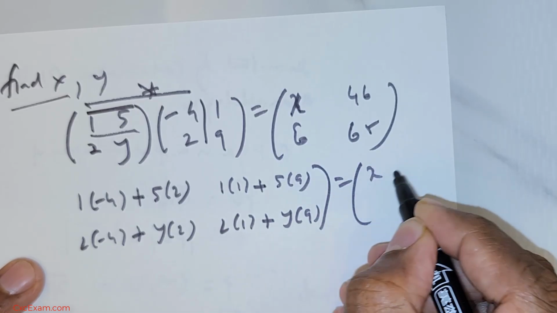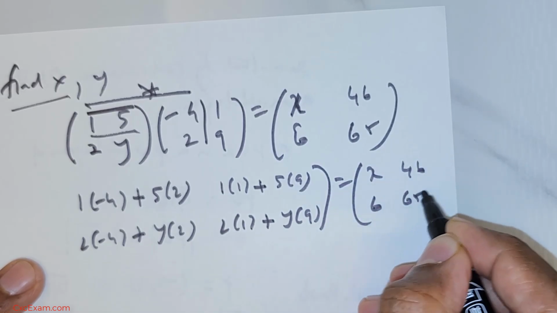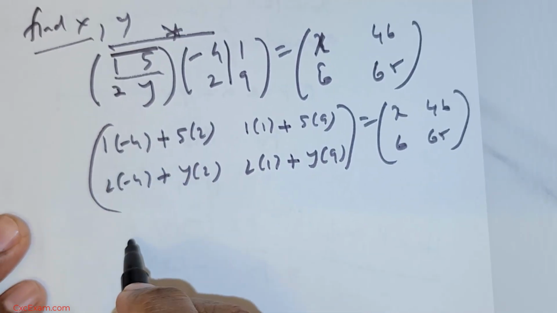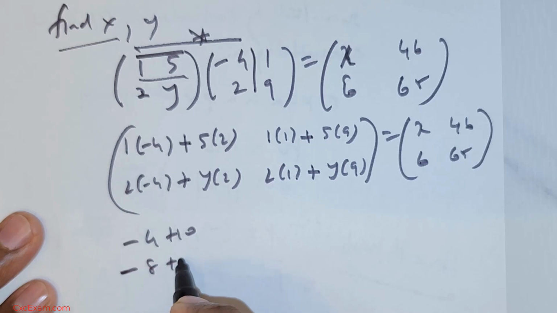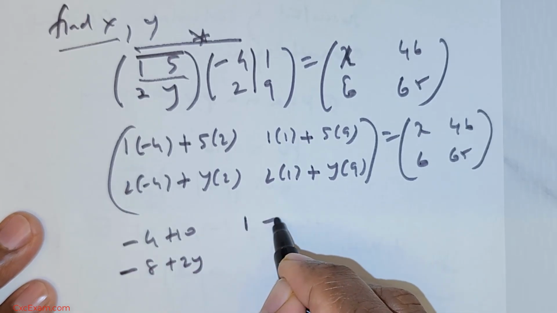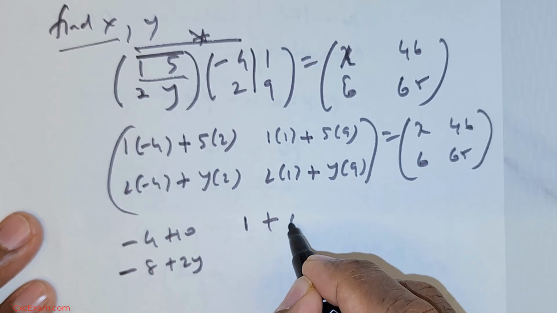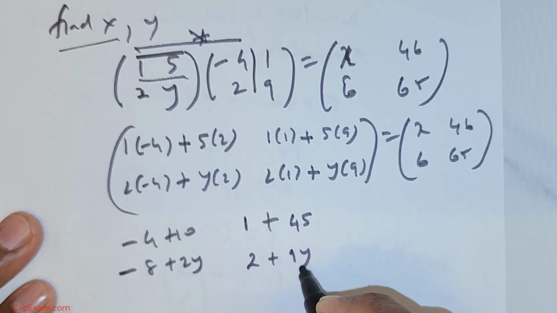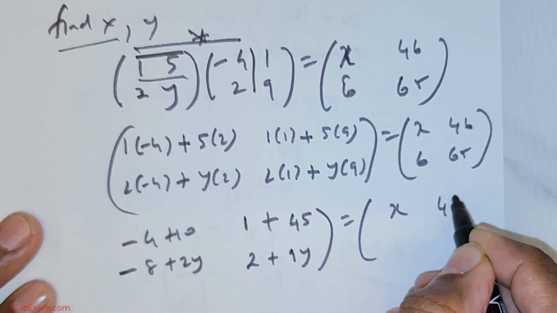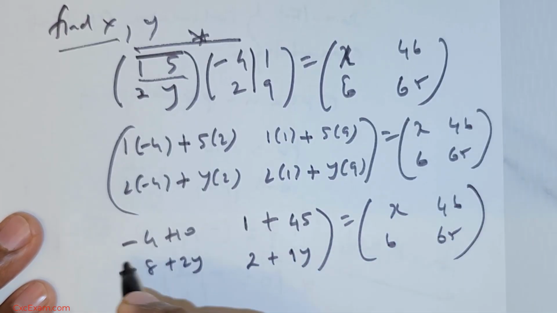So this is equal to (x, 46; 6, 65). So this gives me -4 + 10, -8 + 2y, 1 + 45, 2 + 9y.